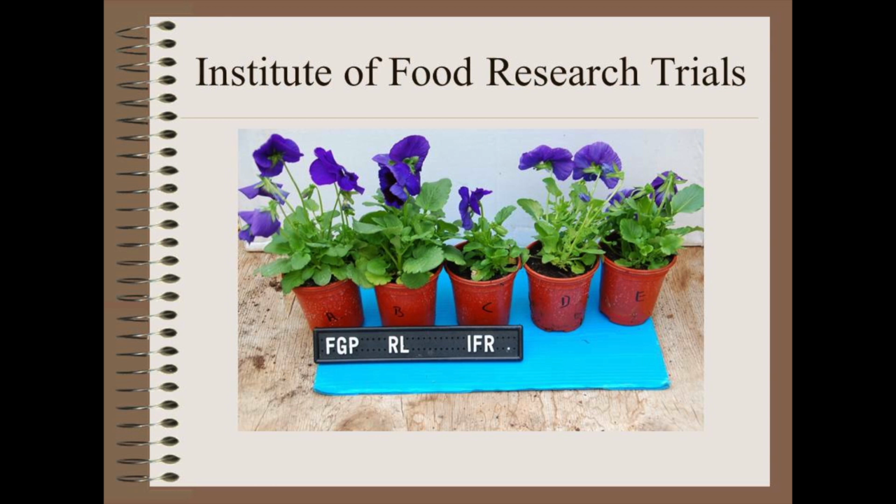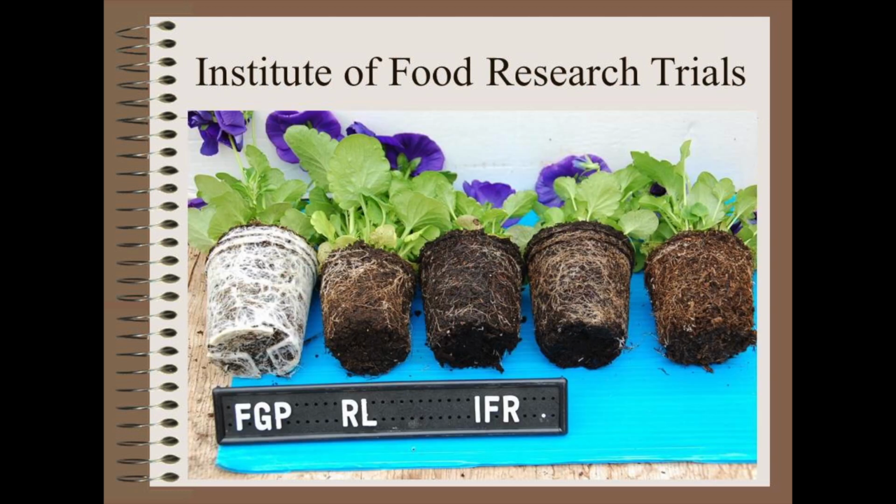Looking at the top growth, you can see the nitrogen coming out of the green compost has worked quite well, and that looks quite a nice lush plant, good leaf development, good structure about it. Looking at the roots, a slightly different picture in that the wood fibre has decent roots there.